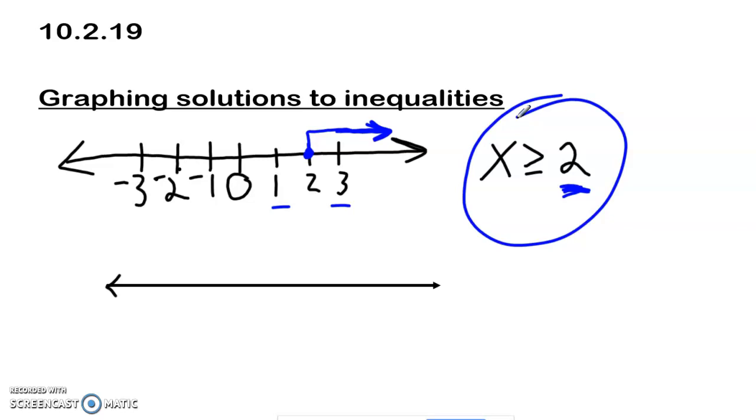Okay, so let's do another one. Let's talk about if we want to look at the values of x that are greater than 2, not equal to 2, just greater than 2. So draw another number line.